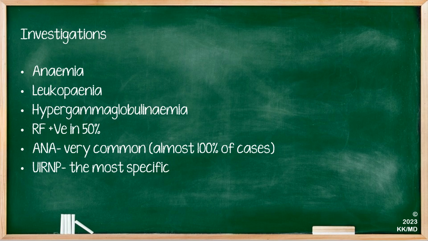Rheumatoid factor is positive in about 50% of cases, and very commonly you would have a positive anti-nuclear antibody, in virtually about 100% of cases. However, the most specific antibody in this condition would be anti-U1RNP, which is quite a common exam favourite, especially in terms of multiple choice questions.